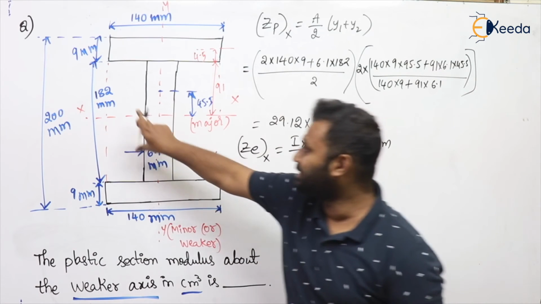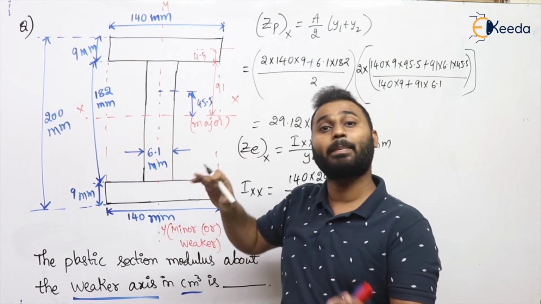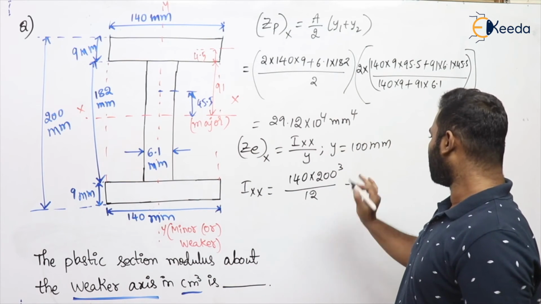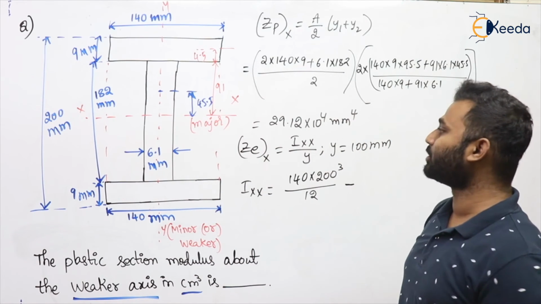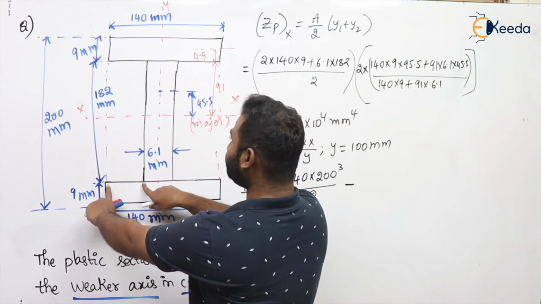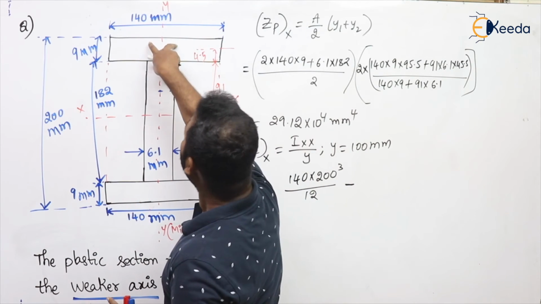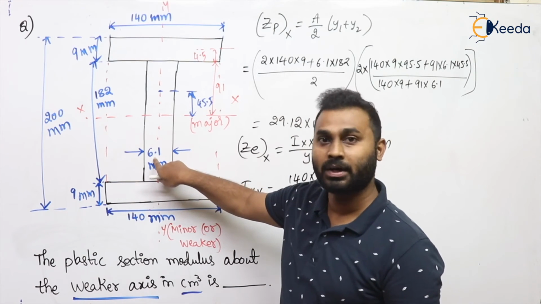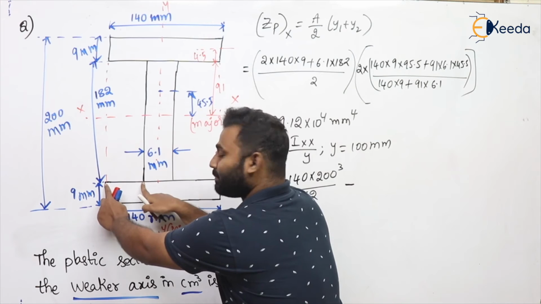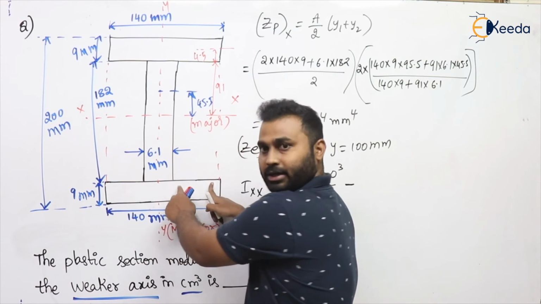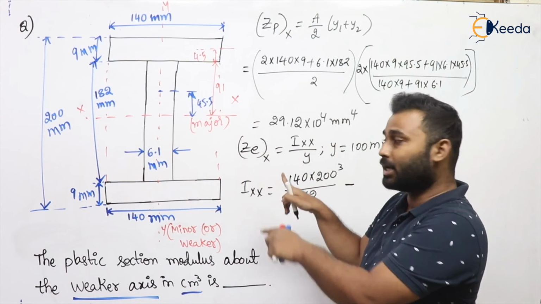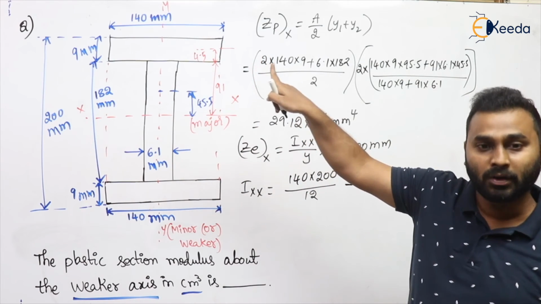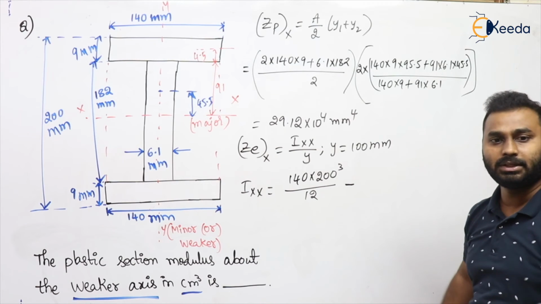But in real, this is hollow space and this is hollow space. So subtract the moment of inertia of those two hollow spaces. Now what is the dimension? Width. So total is 140. So from 140 subtract 6.1. Then we'll get this empty portion width and this empty portion width, right? So total empty portion width we'll get by subtracting 6.1 from 140. So how much is it?